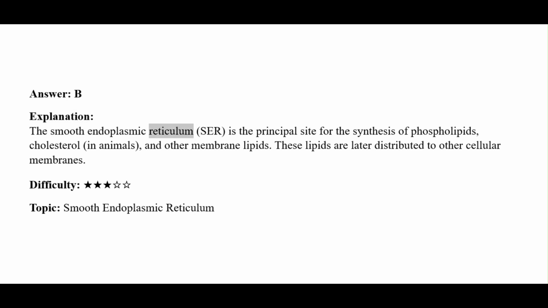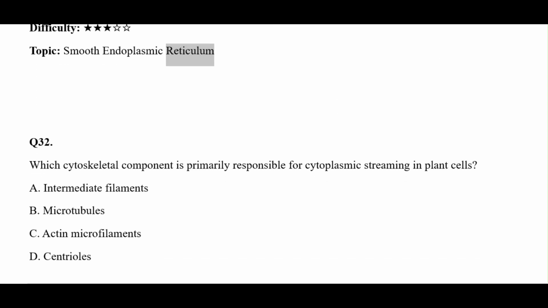The smooth endoplasmic reticulum, SER, is the principal site for the synthesis of phospholipids, cholesterol in animals, and other membrane lipids. These lipids are later distributed to other cellular membranes. Difficulty. Topic: Smooth endoplasmic reticulum.